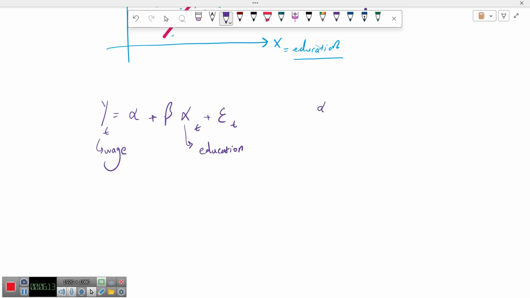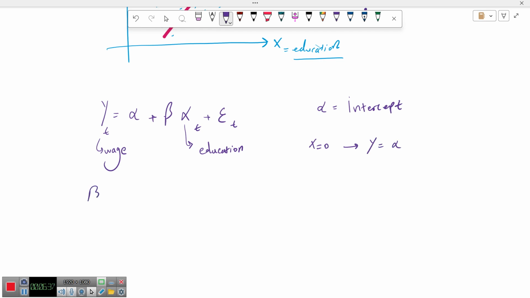Alpha is the intercept, which means that when x is 0, y is alpha.